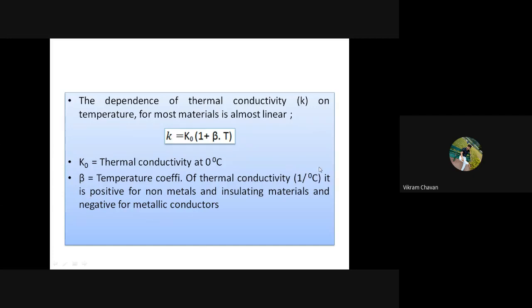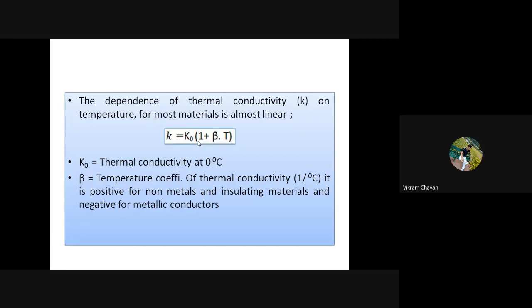Its unit is 1 upon degree Celsius, or inverse of temperature. So generally the thermal conductivity follows this equation, and from it we can find the variation in thermal conductivity with respect to temperature.